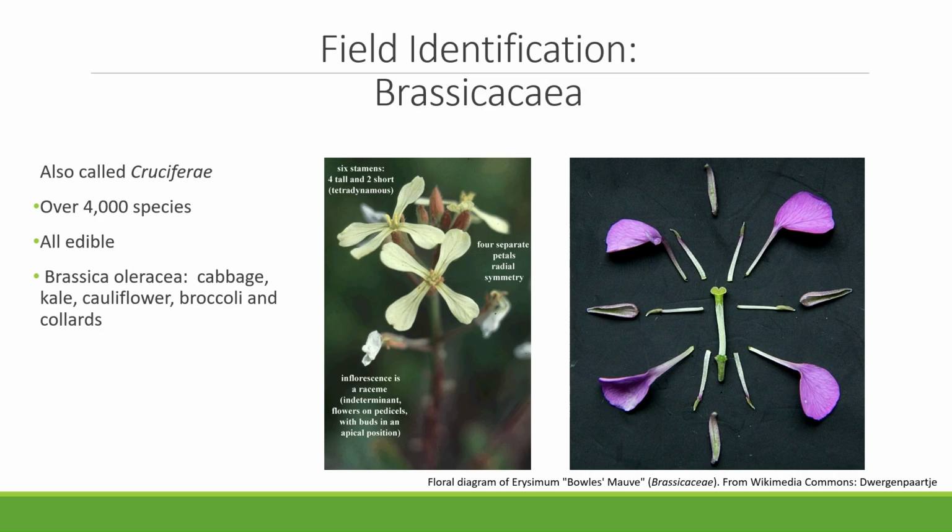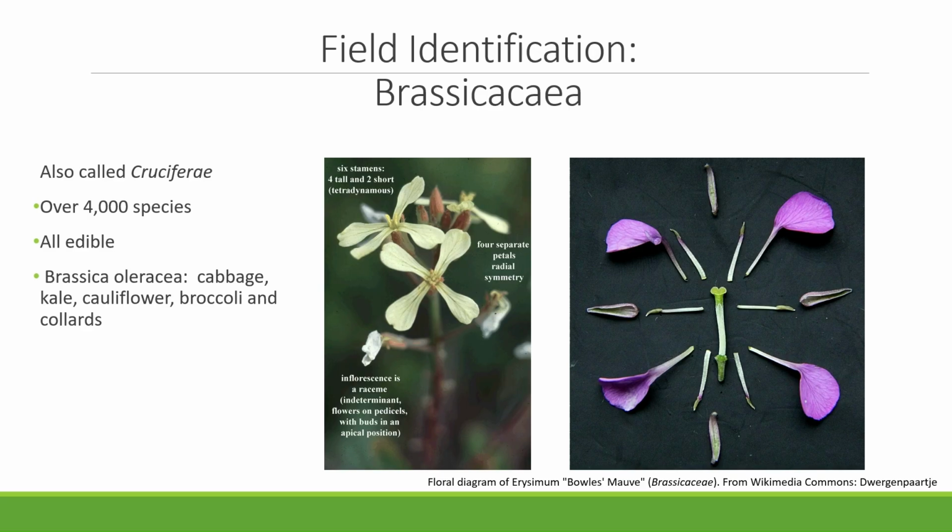This single species has been artificially selected by humans and bred in order to accentuate different parts of the plant. So, if you can imagine cabbage or kale, they've been bred to accentuate the leafy parts of the plant, or cauliflower and broccoli have been bred to accentuate the flowering parts of the plant, along with collards.